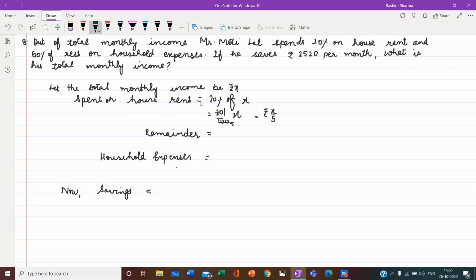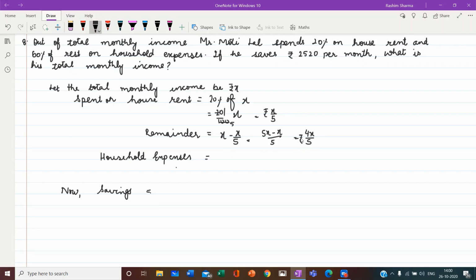Now if from the total monthly income we subtract the house rent, we will get the remainder. So x minus x upon 5 is the remainder. 5 is the LCM, so 5x minus x means 4x upon 5 rupees is the remainder.